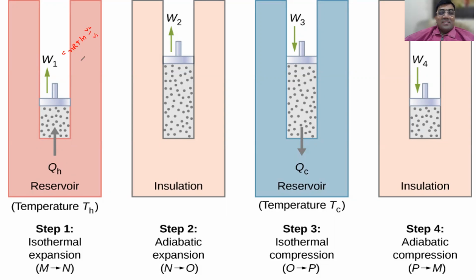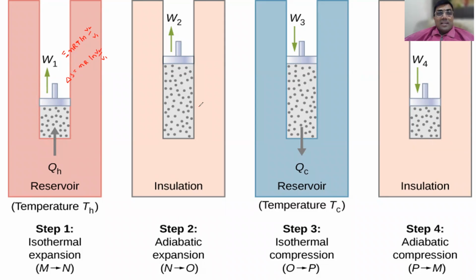You agree or not? If you write the entropy, it is negative Q by T, T gets cancelled. nR ln(V2 by V1). Sir, the work done is negative, no, sir? Negative only. Clear or not?